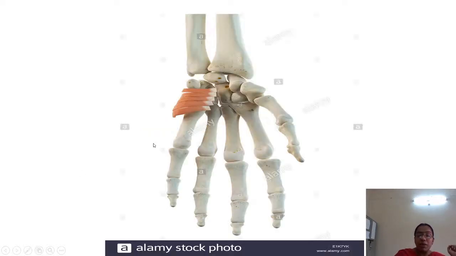In the same way as we have seen adductor pollicis in the thenar eminence, here also there is one more subcutaneous muscle in the hypothenar eminence, which is called palmaris brevis. This palmaris brevis is a subcutaneous striated muscle which is a remnant of the panniculus carnosus, which forms the facial muscles.